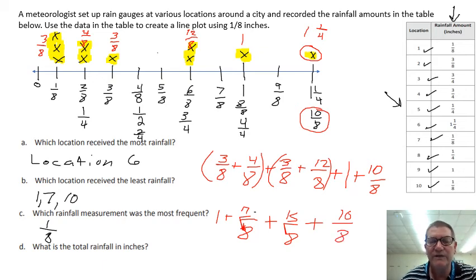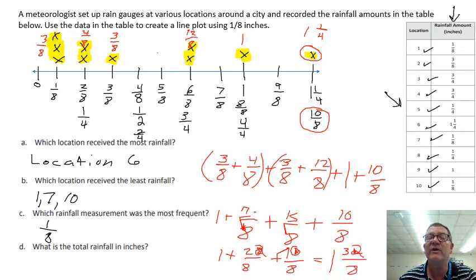Now I can add the next 2. I got 1 plus 7 plus 15 is going to give me 22/8 plus 10/8. My pen is going crazy here. And finally, we're going to end up with 1 whole and 32/8. I'm going to come back up here now.